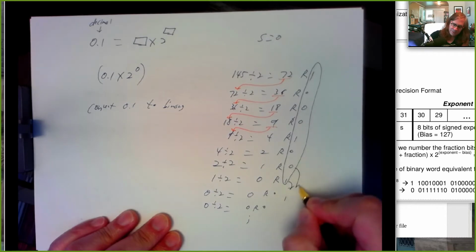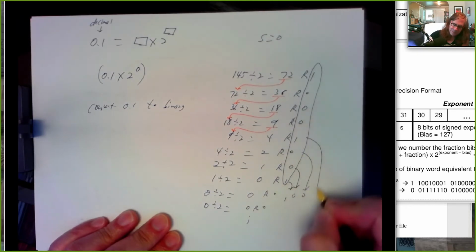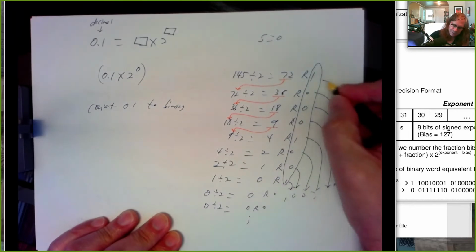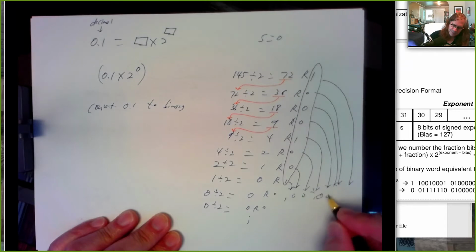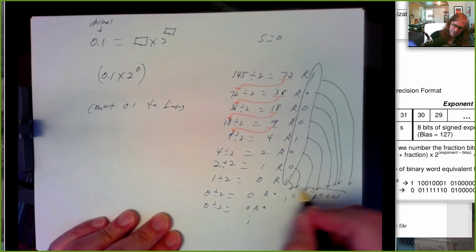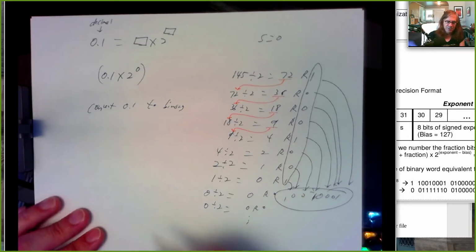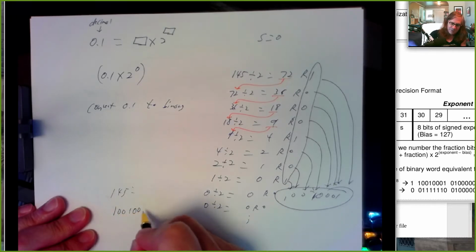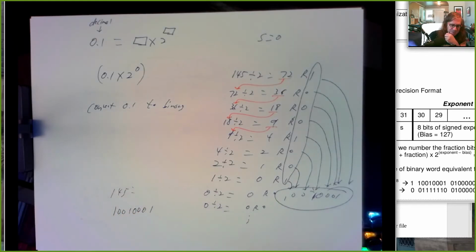So 1, 0, 0, 1, 3 zeros, and a 1. So 145 equals 1, 0, 0, 1, 0, 0, 0, 1. I wonder if that's correct. So 128 and 16, 144, 145. Hey, it worked. All right.